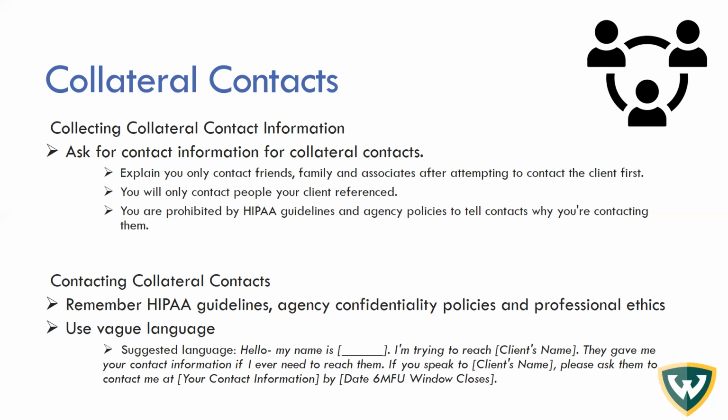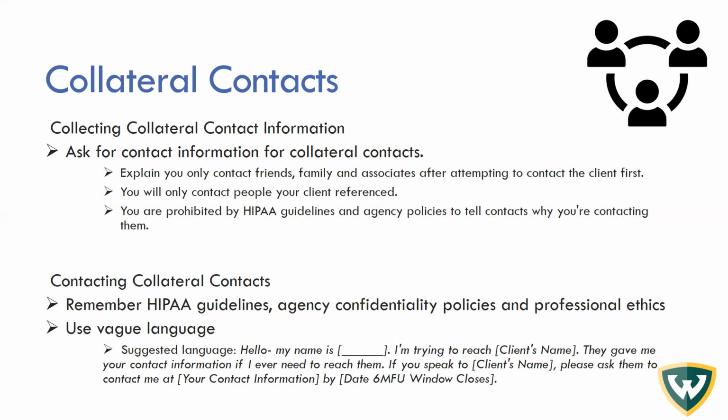That is so that if in 6 months you do contact Tom and your client doesn't remember they said you could, you have some sort of documentation saying, look, on January 24th, you put Tom on the list. Also remind your client, they can take anybody off the list at any time as well. It's totally within their control who you contact.